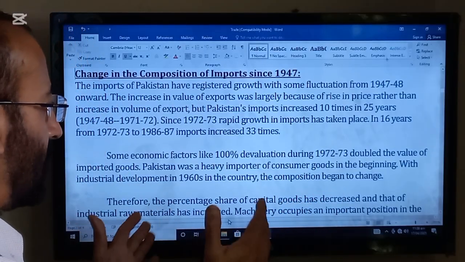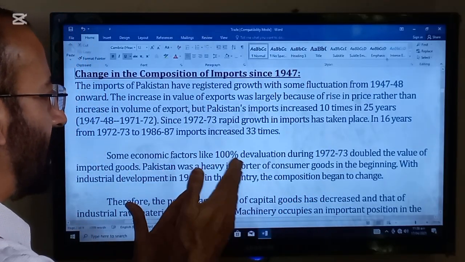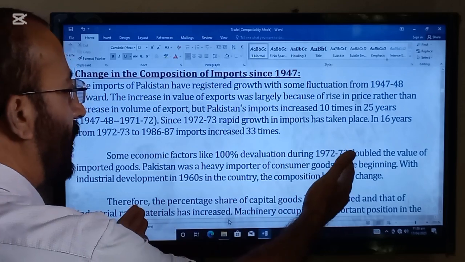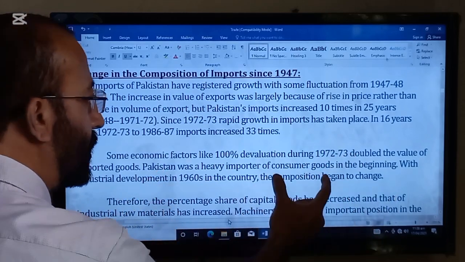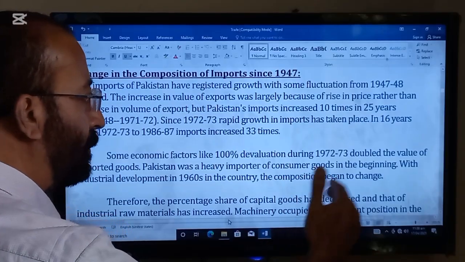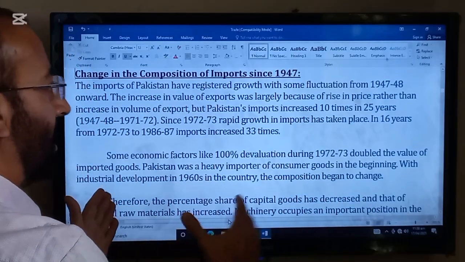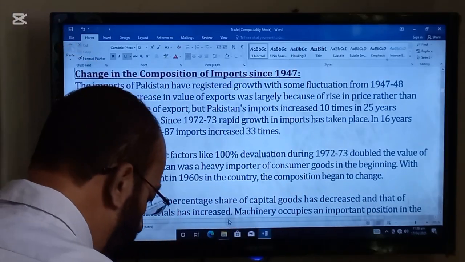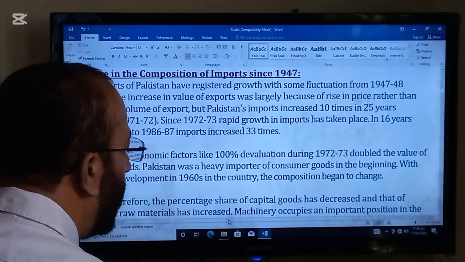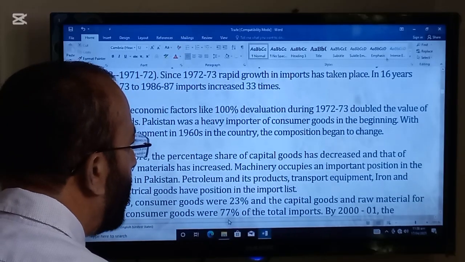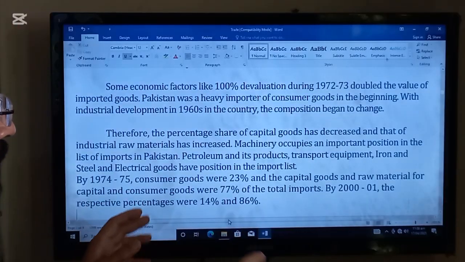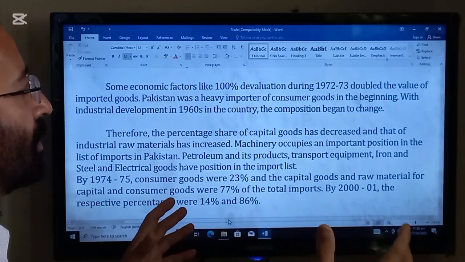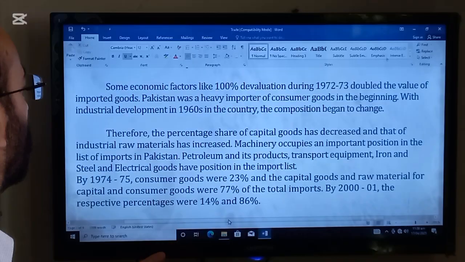So from the establishment of Pakistan in 1947 to 72-73, we were actually importing consumer goods. But after 1960, industrialization took place in Pakistan and industrial development took place in Pakistan.